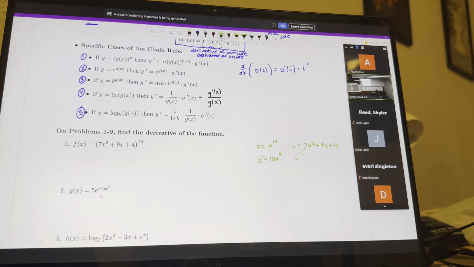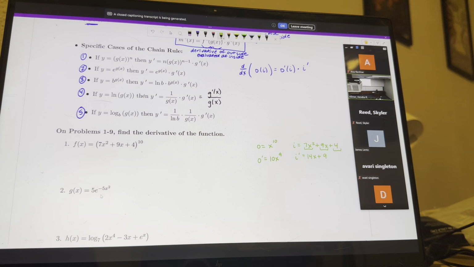We're dealing with a sum of three functions. I can just find the derivative of each piece and leave the sign in between. The derivative of 7x squared is 14x, plus the derivative of 9x is just 9, plus the derivative of a constant by itself is just 0. So I could write plus 0 or leave that off.